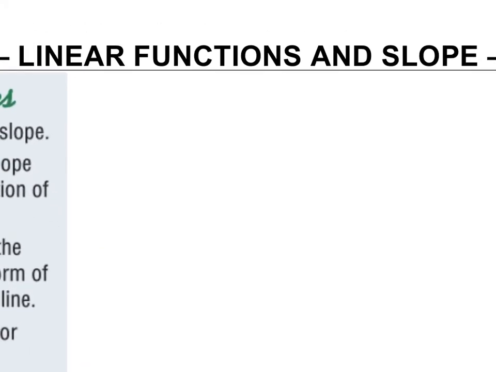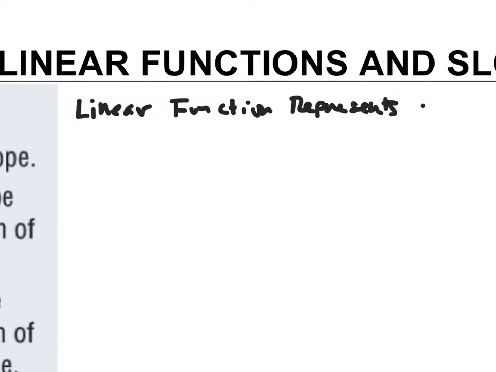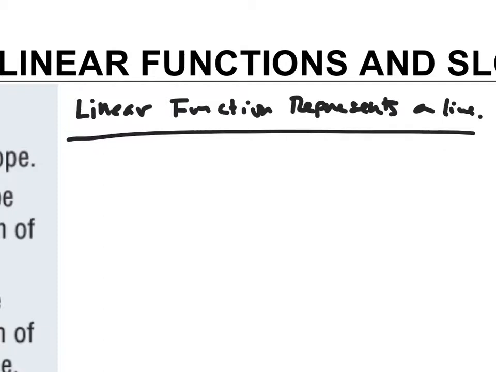So the first thing I want to talk about is the concept of a linear function. A linear function represents a line, okay? And the first thing that we know about a linear function is that it contains a slope.